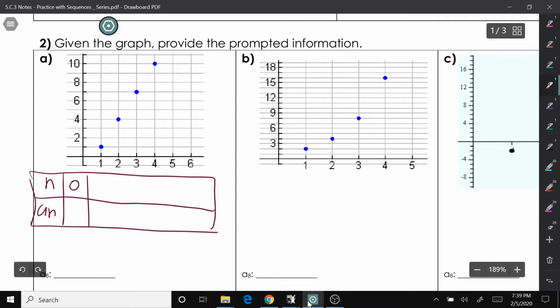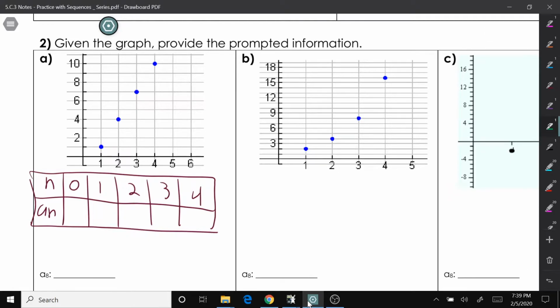So 0, we have 1, 2, 3, 4. So then we look for the y values. For 4, we have 10. For 3, we have 7. For 2, it's 4. And for 1, we have 1.